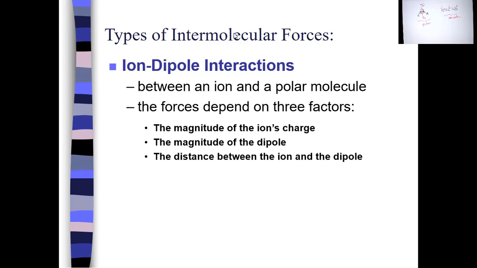Let's do this first. So we just said an ion dipole attraction occurs when you have an ionic compound, cations and anions, dropped into a polar liquid. Then the polar liquid molecules will be attracted to those ions, right? In the water molecule, which part of the water molecule is attracted to sodium ions?